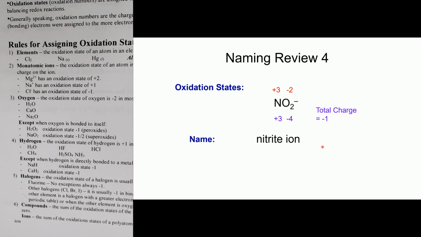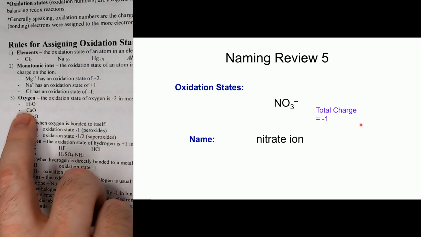Well, now let's look at nitrate. So here is nitrate. It's a polyatomic ion, NO3-, that's nitrate. This is not an element by itself. There is not a monatomic ion present. And so we are going to put the total charge. The total charge here is -1. So we put a -1 right there.